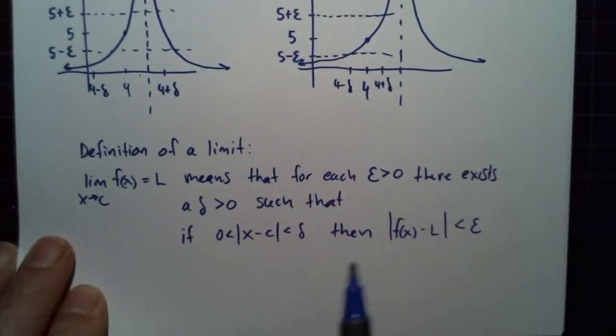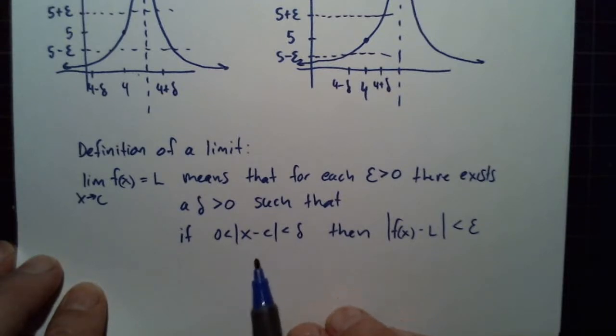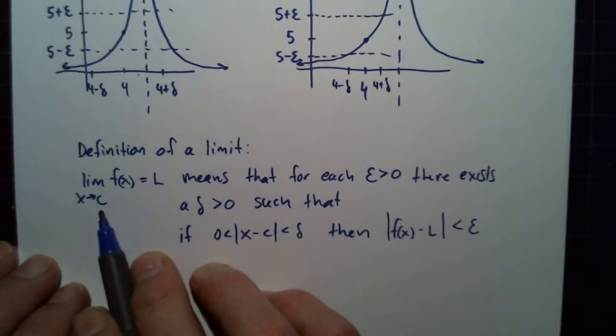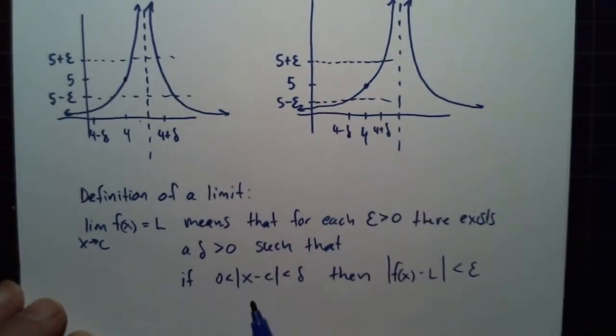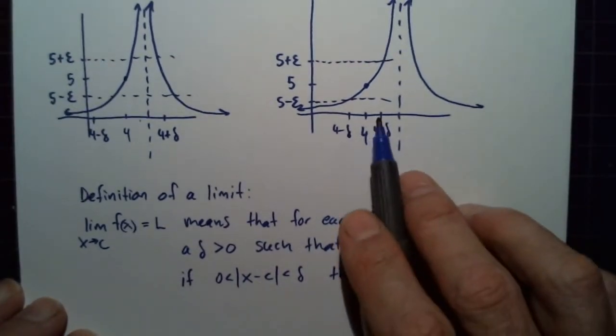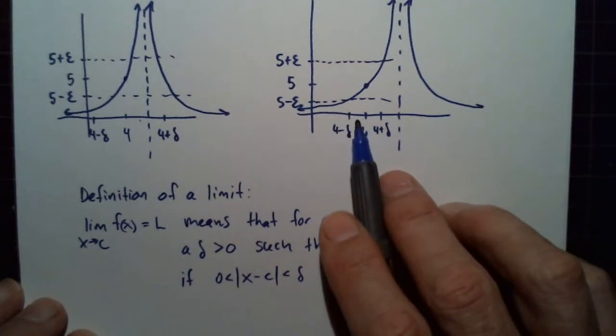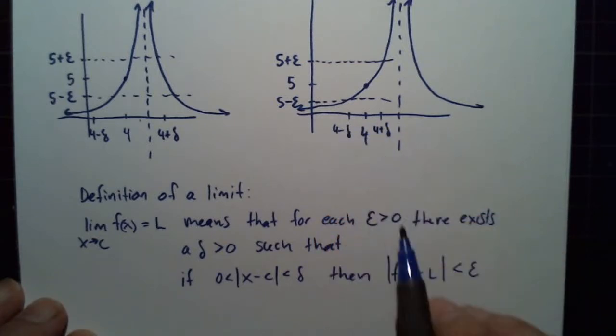And if we looked at, so here c corresponds to 4 in the example we did. x corresponds to all the possible points we could choose that are within delta of 4. And delta and epsilon are the same.